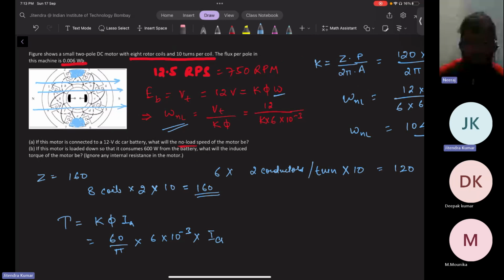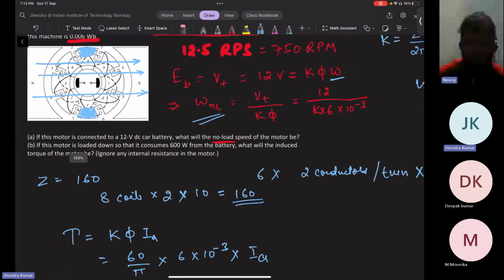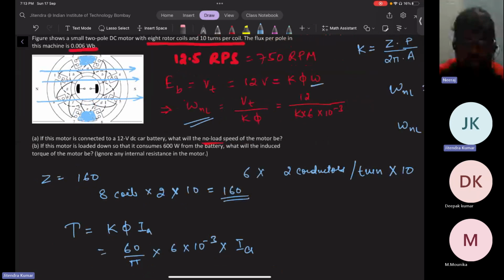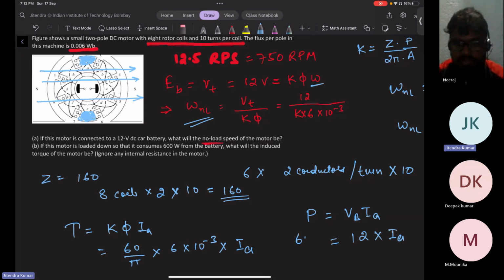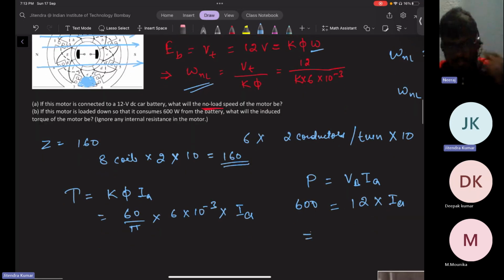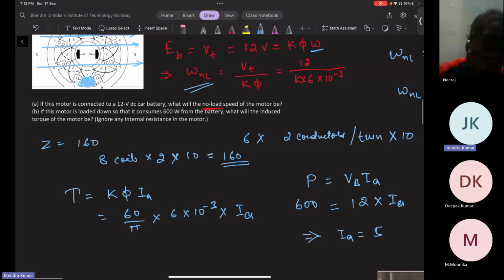No, sir. I think the resistance value is not given. Yes, but power and voltage are given. Power is equal to VB into IA. So VB is 12 volt, into IA, which I don't know, will be equal to 600. So IA will come out to be 50 amps.